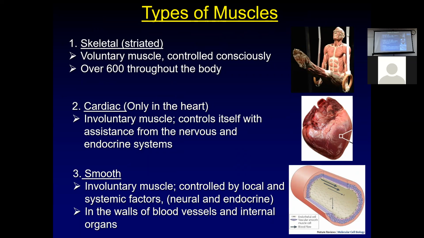So what makes skeletal muscle unique is that skeletal muscle has stripes in it, okay? Those stripes are called striations. If you look at it under a microscope, it's going to have very characteristic patterns of colors, light and dark, and light and dark. It's very, very highly organized, okay?